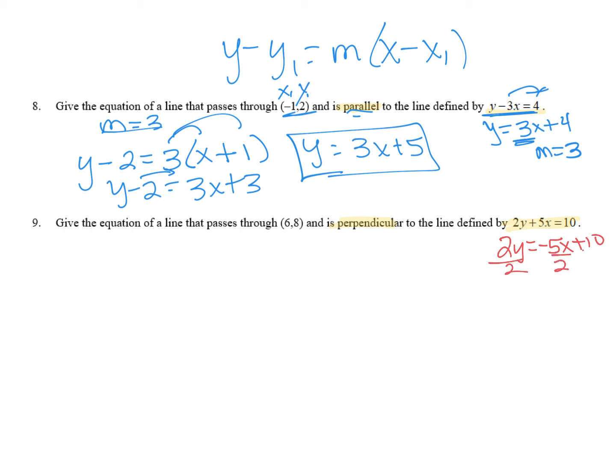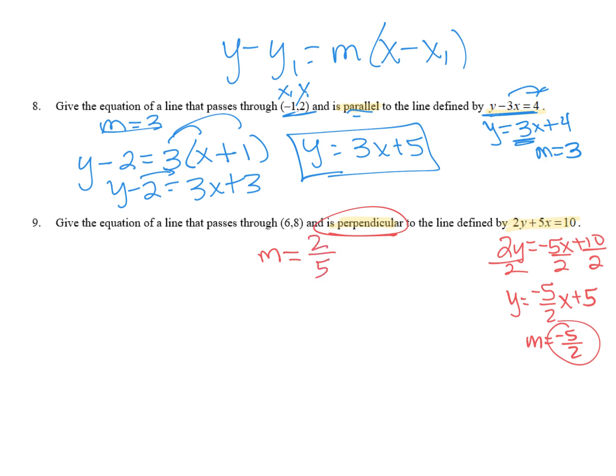Divide by 2, so y equals -5/2 x plus 10 divided by 2, which is 5. So the slope of this line is -5/2. Therefore, the perpendicular slope is negative, so positive. It's going to be a positive number because negative means the opposite of that. And then flipped, so 2/5. It's going to be positive 2/5.